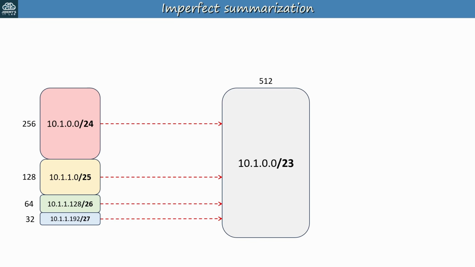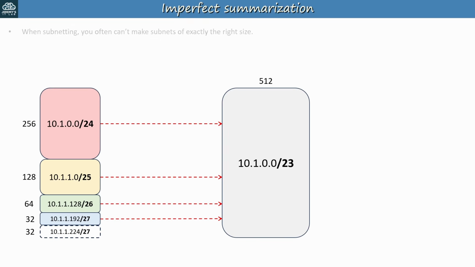But the number of addresses on the left doesn't add up to 512. 256 plus 128 plus 64 plus 32 is 480. So there are 32 additional addresses, the 10.1.1.224/27 range, that are included in the summary, but not in the 4 subnets we were originally trying to summarize.